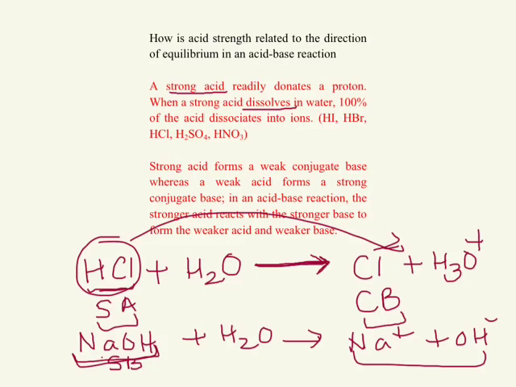Now let's talk about the meaning of weak acid. A weak acid less readily donates a proton. Or another way of saying is when a weak acid is dissolved in water, only a small fraction of the acid dissociates into ions. So here, let's take the example of acetic acid.